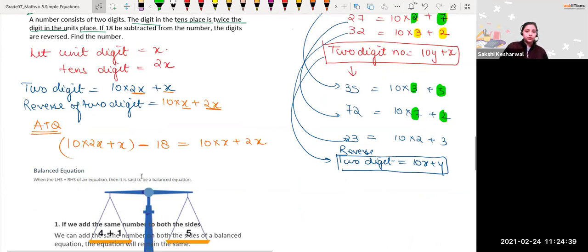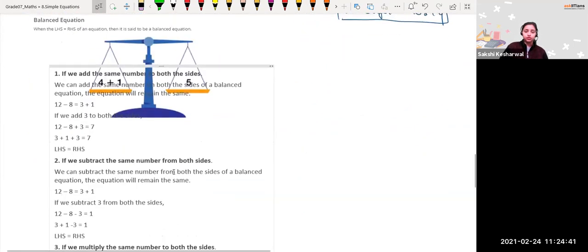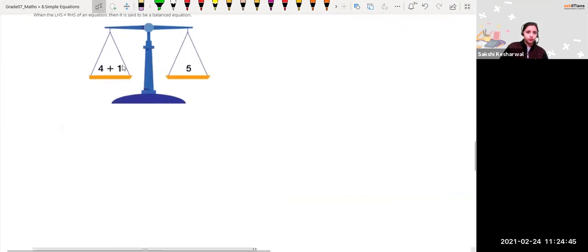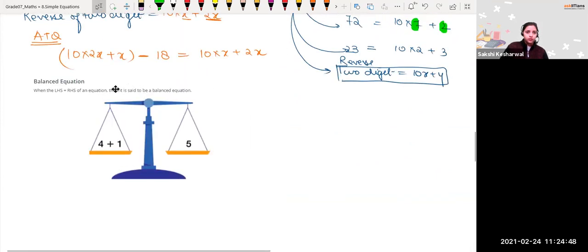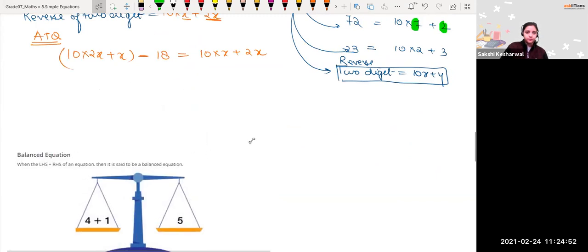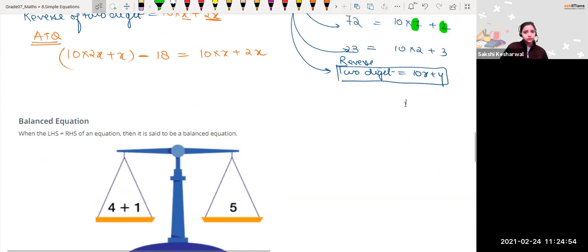Now, let's see over here. Now let's do the balancing of the equation. You just write this more clearly. So this is going to be how much, beta?